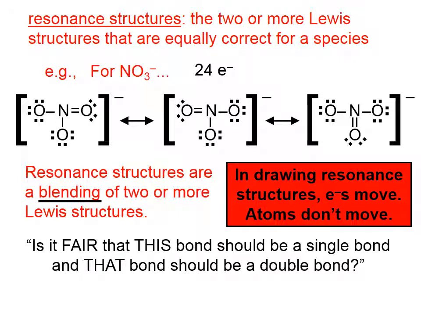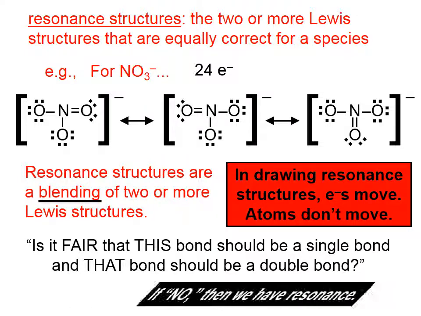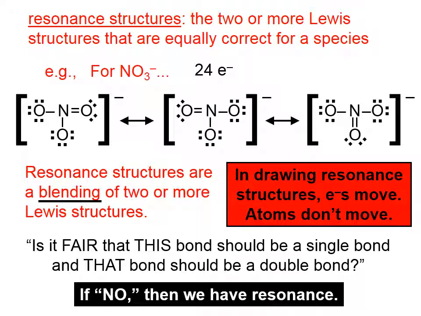When drawing resonance structures, or trying to decide if you need to draw an additional Lewis structure for a given species, you want to ask yourself this question: is it fair that this bond should be a single bond and that bond should be a double bond? And if the answer is no, then we have resonance, and you're going to need to draw however many Lewis structures it takes to represent that adequately.